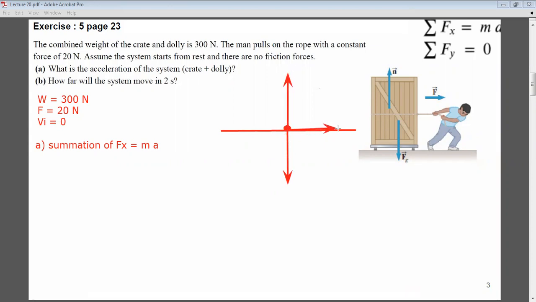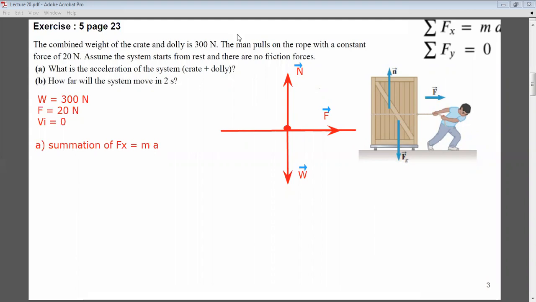Then there is the friction, then there is this tension force. He calls it F, so we have to call it F. So this is vector F, this is vector N, and this is vector W. I have to put the vector sign on all of them. These are the only forces. There is no friction, so there is nothing in the opposite direction.